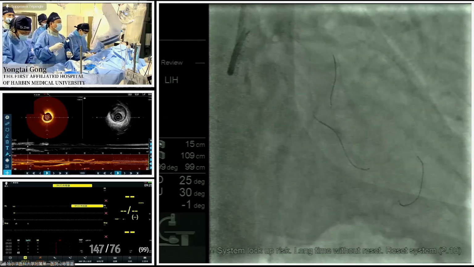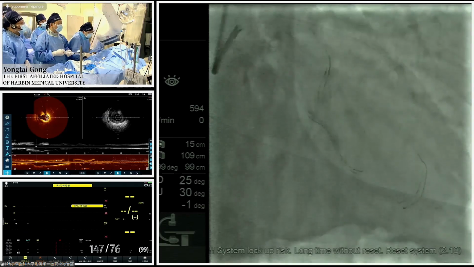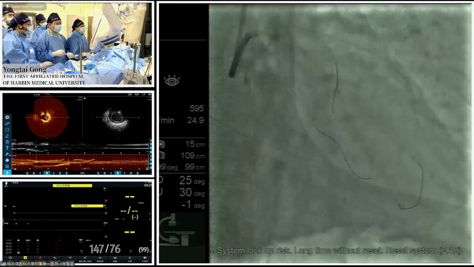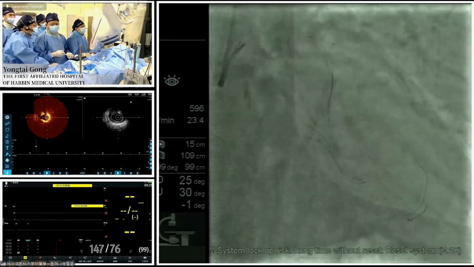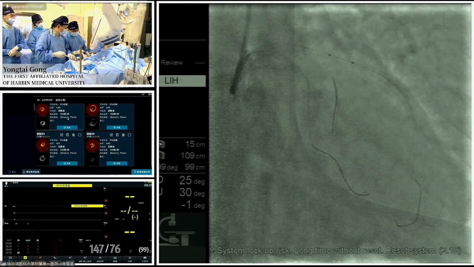And then we will deploy the stent next. So we have to try our best to make the lumen as big as possible, and then it will be very easy to deliver stents.